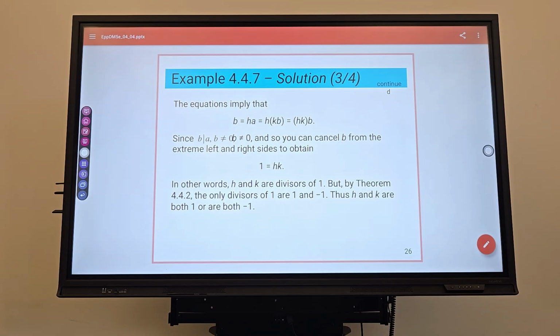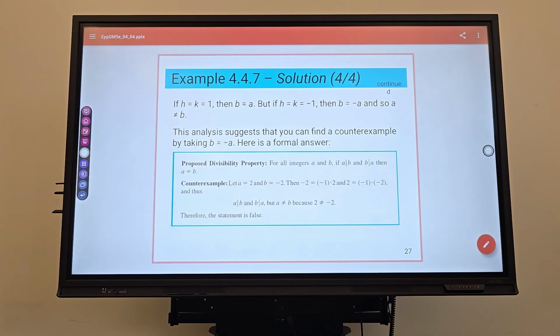which means h and k are divisors of 1, but by theorem 4.2.2, the only divisors of 1 are 1 and minus 1. Thus, h and k are both 1 or both minus 1. If h and k equal 1, then b equals a. But if h and k equal minus 1, then b equals minus a.